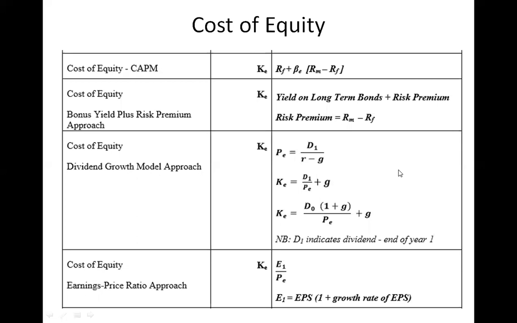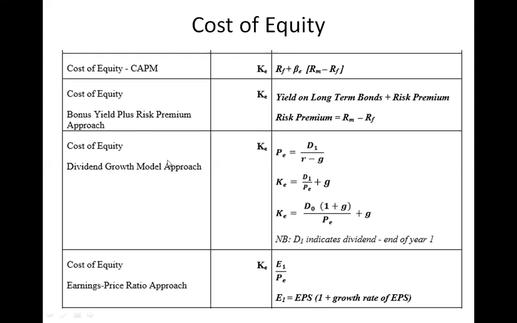Say for example, BSE Sensex is giving say 10%. So your RM will be 10% and your treasury bill is giving 7%. So 10 minus 7, that is actually RM minus RF. It's called risk premium. That is one model. The next is yield on long-term bonds plus risk premium. That gives you the bond yield plus risk premium approach.